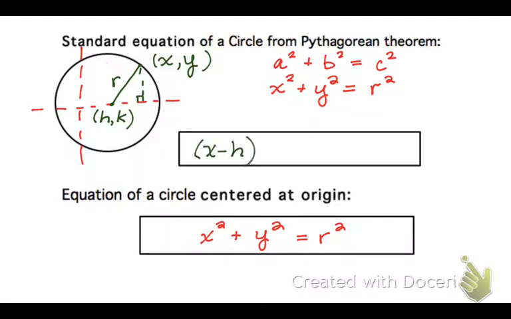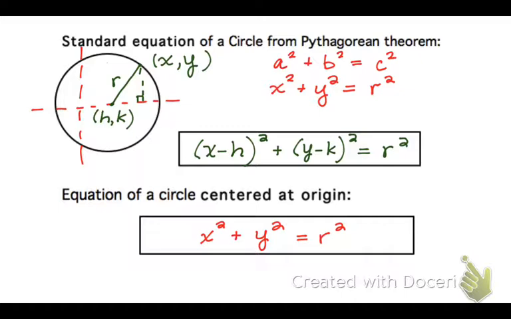However many units those are apart, we would find that by subtracting. Again, we're using Pythagorean theorem, so we would add the distance from y to k, and it would still be equal to r squared because that's the hypotenuse of the right triangle.